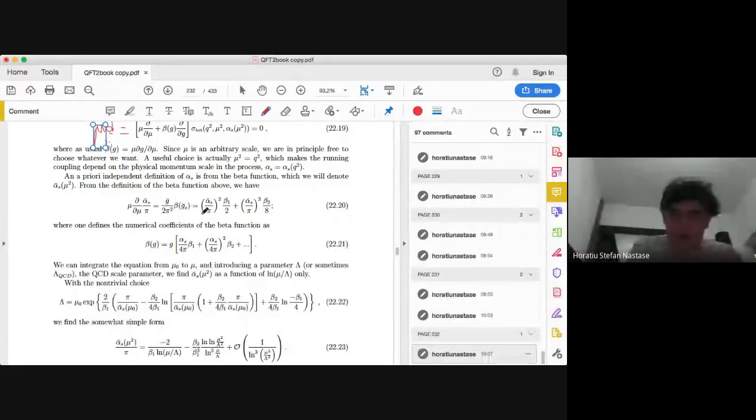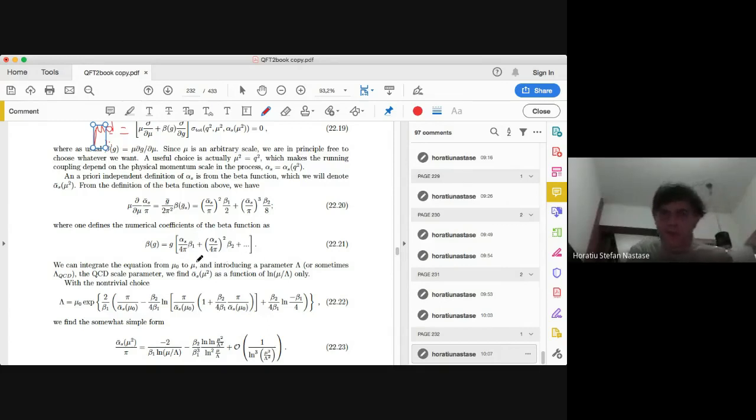Now I define the beta. If you remember from before, we've discussed the general structure of the beta function, and we write it as, g strong actually, sorry, here should be g strong, times alpha strong over 4 pi beta 1 plus alpha strong over 4 pi squared beta 2 plus dot dot dot.